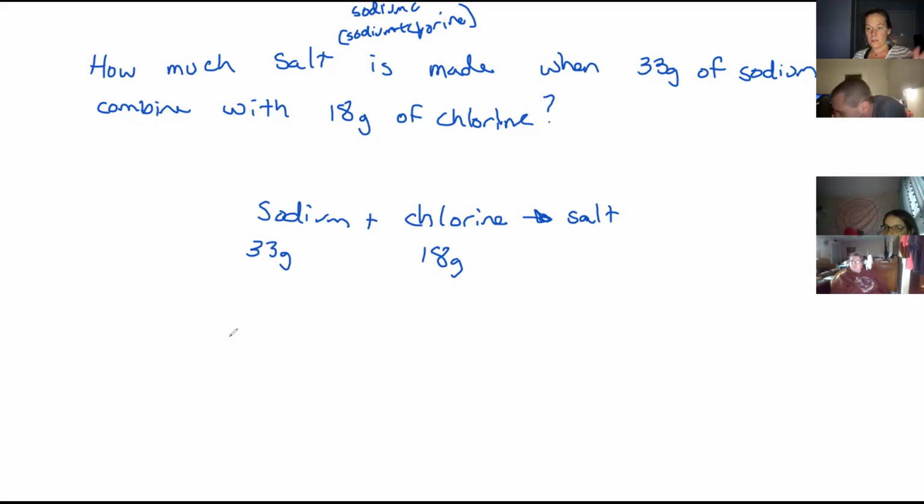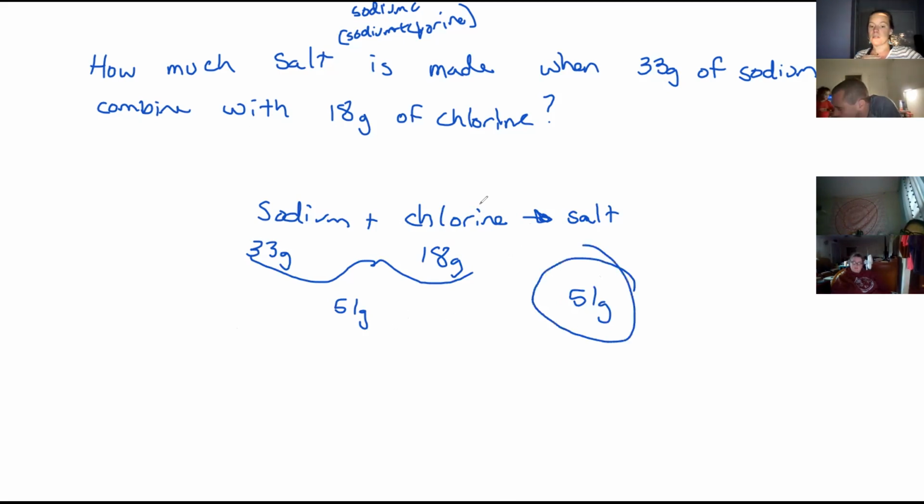So as long as it's assumed that we're using all 33 grams of the sodium and all 18 grams of the chlorine, we're just going to add those two together, which gives us 51 grams as our total. So what does our total have to be on the product side? It also has to be 51 grams, right? We can't lose material in that process. So the amount of salt that we produced was 51 grams.